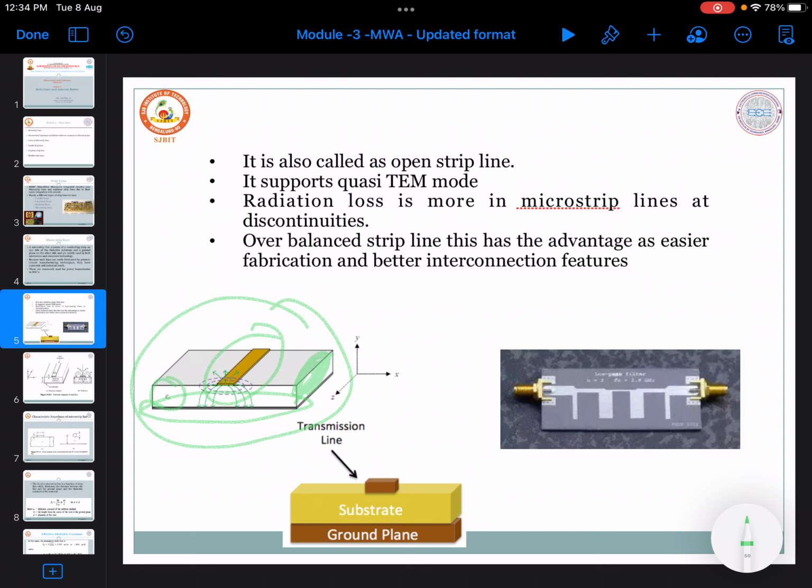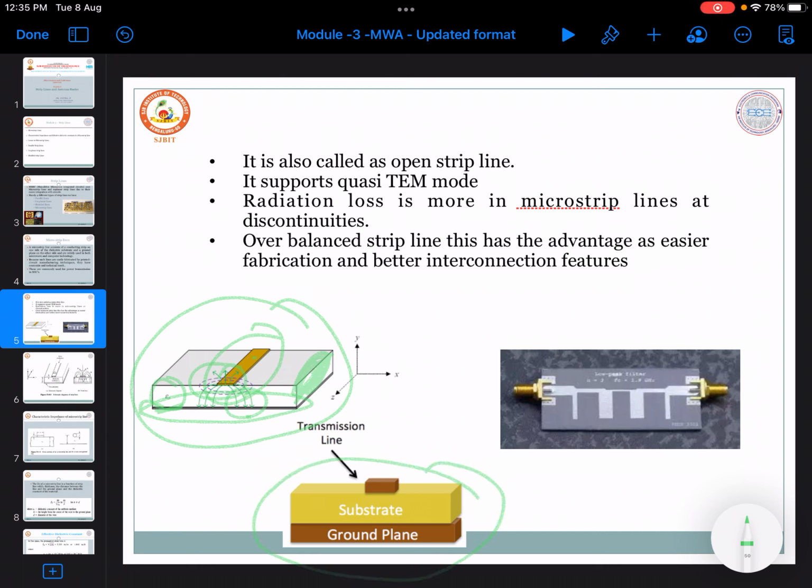The relative dielectric constant of the material is epsilon r. You can observe here the fields traveling from the top layer to the bottom layer. These are the electric fields, and the circular ones are the magnetic fields.